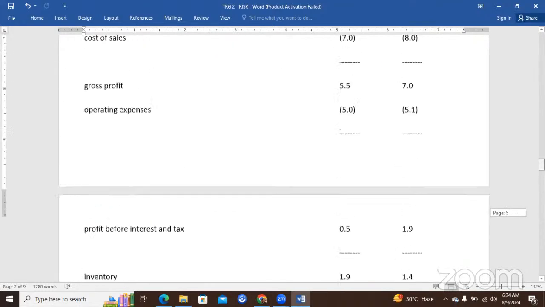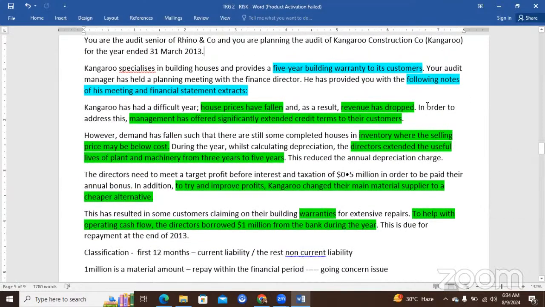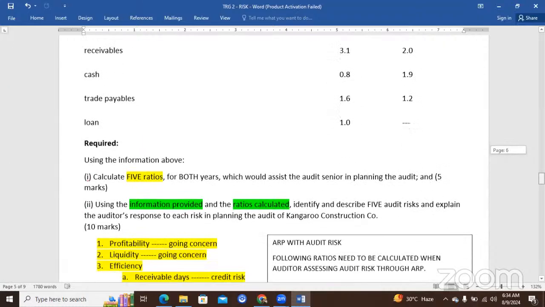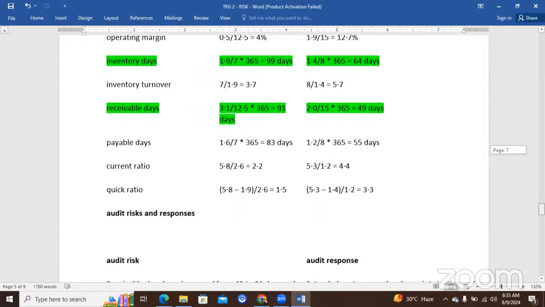Now, students, let's move to the next one. You can't take credit risk separately, and you can't take ARP risk separately. Both should be taken together. Okay. So now first copy this audit risk, the first one that we discussed now.